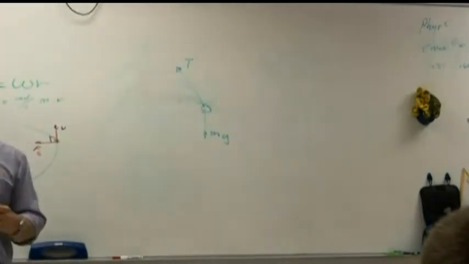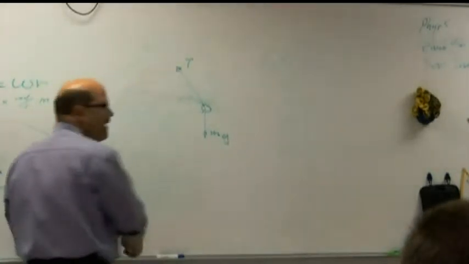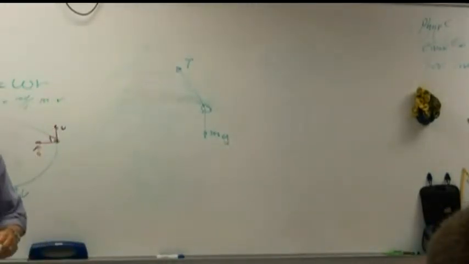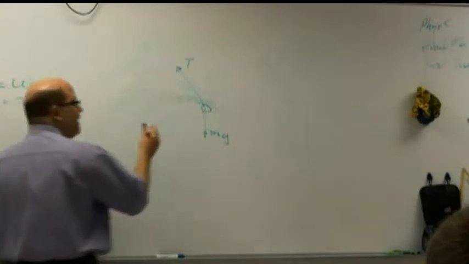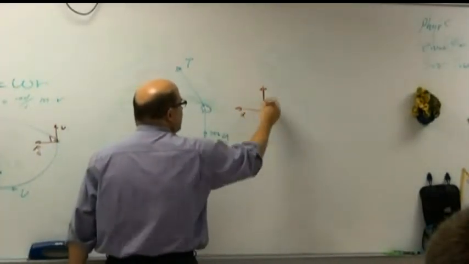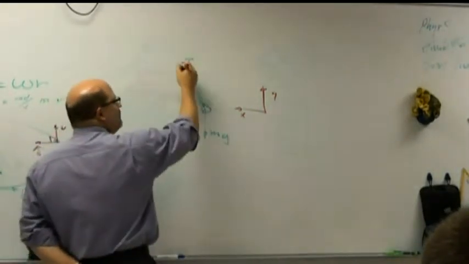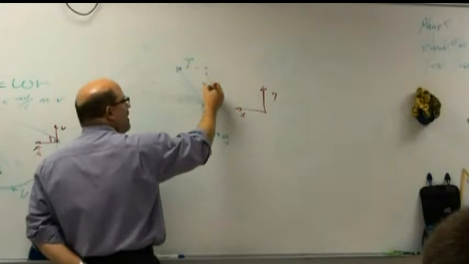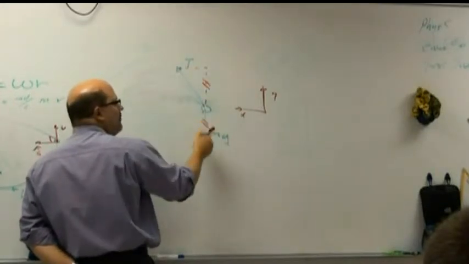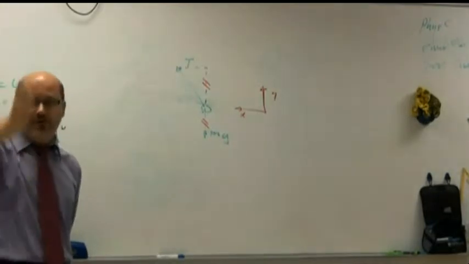I don't want tension, mg, going around in a circle. Okay, everybody right here. Which way is it accelerating? Towards the center. So we set up our coordinate system like this, x, y, because we're accelerating this way. That means we break tension up into components. This part of tension equals the mg, because you're not accelerating up or down.